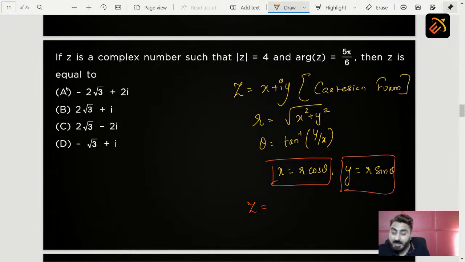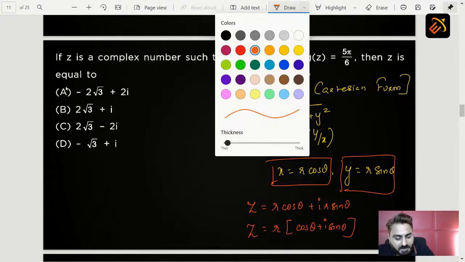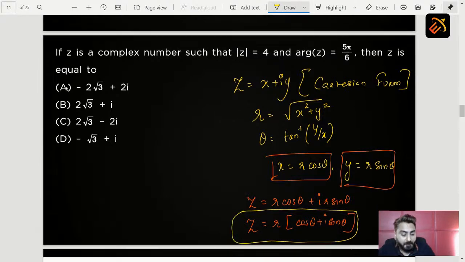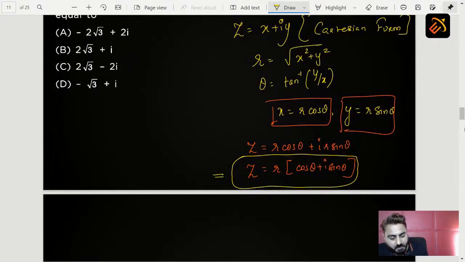So you get z is equal to r cos theta plus i into r sin theta. Let's take this r common. So we get cos theta plus i sin theta. And this z is equal to r into cos theta plus i sin theta is nothing but your polar form.